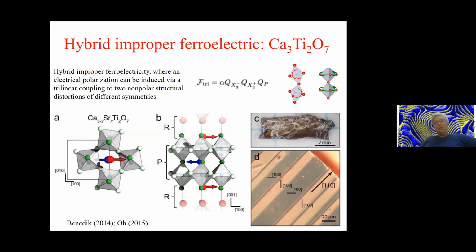It's an n=2 member of the Ruddlesden-Popper family. And what makes it unique is that it's a hybrid improper ferroelectric, because there's this trilinear coupling mechanism with two different nonpolar structural distortions that add up to give you the ferroelectricity. They actually don't subtract completely.